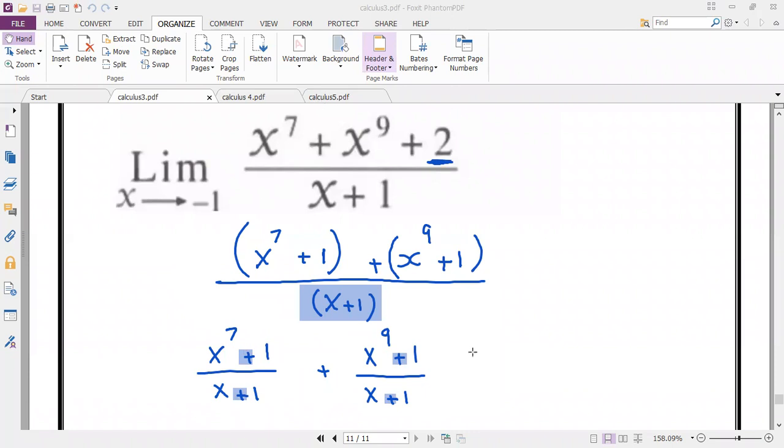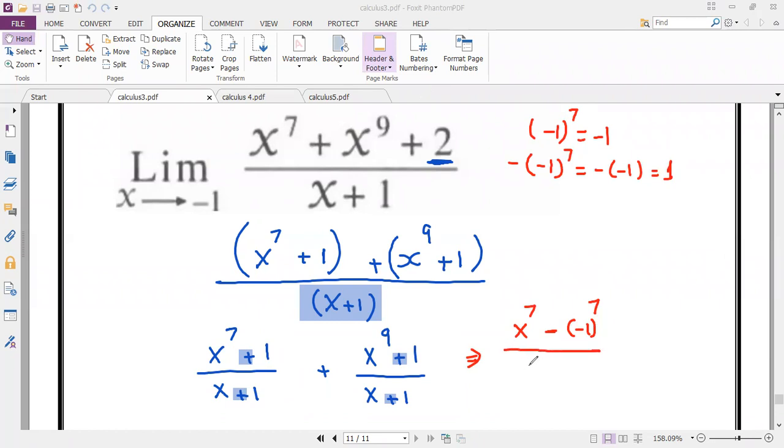So we are going to write it as x to the power of 7 minus 1 to the power of 7. And minus 1 to the power of 7 is minus 1. And we have negative here. So negative multiplied by negative 1 to the power of 7 is negative times negative 1, which is 1. So I didn't change the value of the numerator.